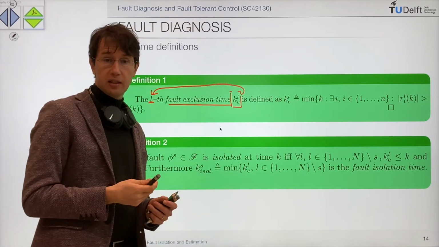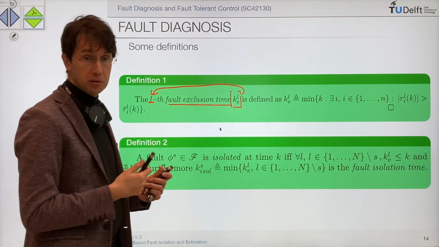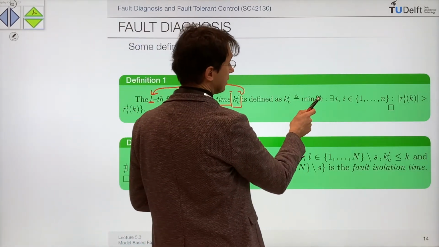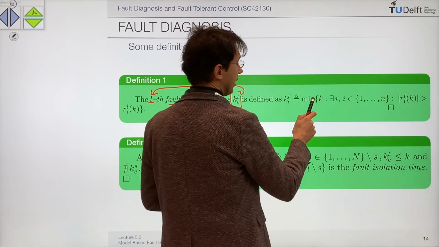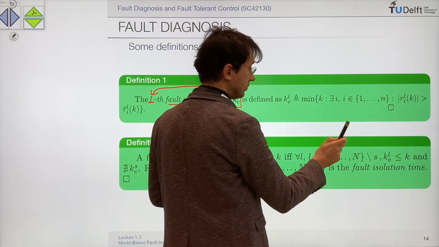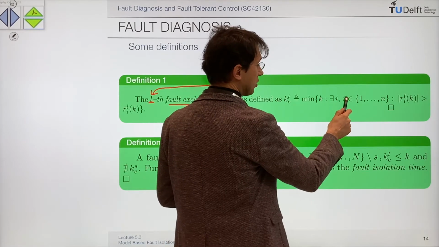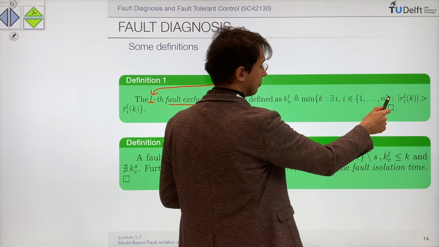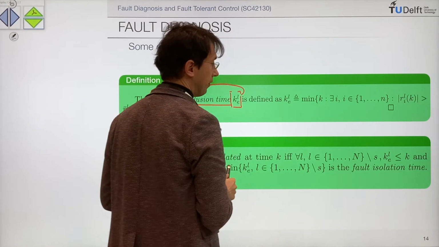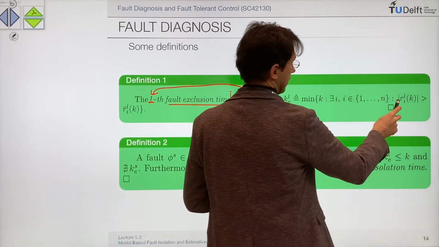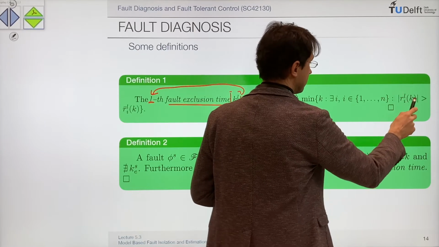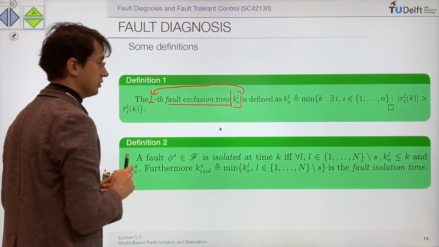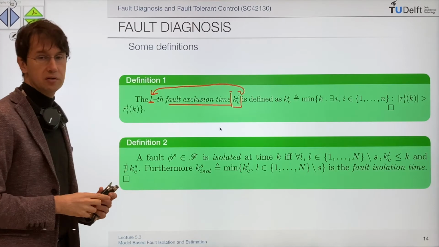So we are in discrete time now, so we are defining time through time instants that are discrete. So K is the earliest time such that there is one component, among all the n possible components of the residual, such that that component, in absolute value, is crossing the threshold, the same component of the threshold.